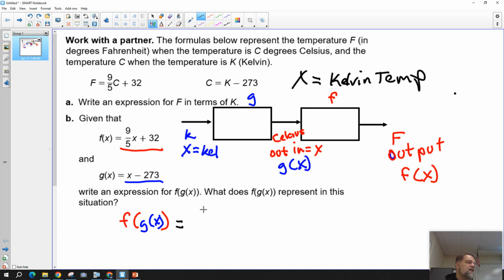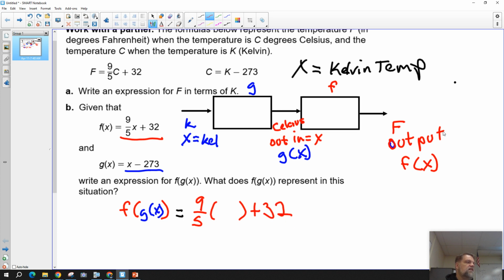So I'm going to say 9 over 5, and then I'm going to plug something in here for x, right? I'm just copying this, plus 32. Okay? Does that make sense? And then I'm going to write in g of x.